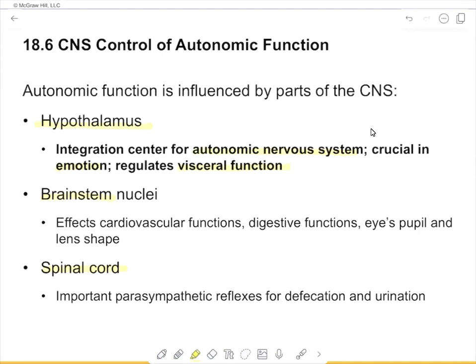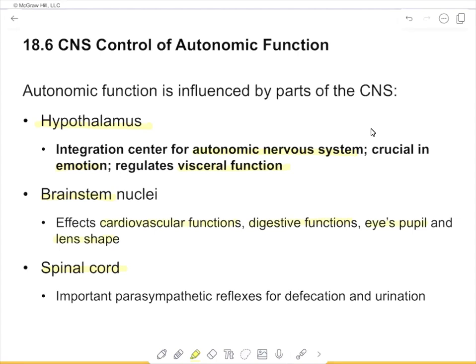The brainstem, as you've learned now, has the midbrain, the pons, and the medulla oblongata. And some of those regions control the heart, so cardiovascular function, digestive function, the pupil of the eye. So in the case of the sympathetic division, it's going to dilate the pupil as well as modify the lens shape.